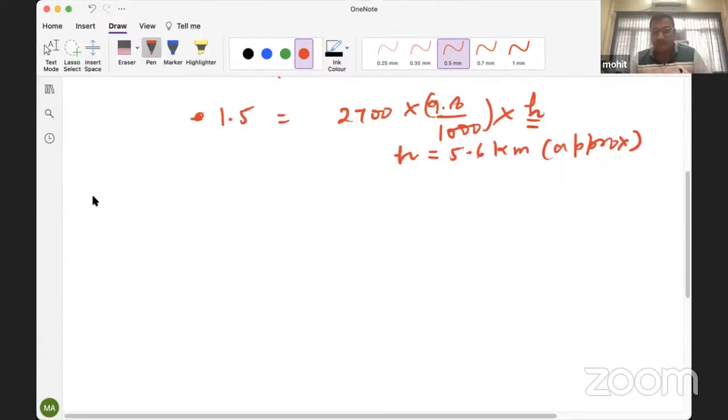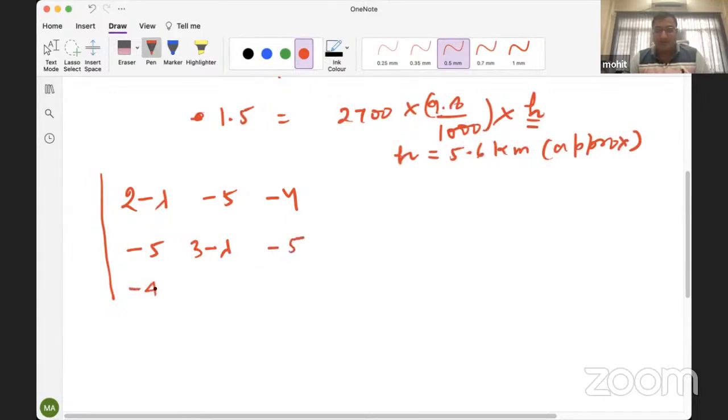You are solving the determinant: 2 minus lambda, minus 5, minus 4; then minus 5, 3 minus lambda, minus 5; minus 4, minus 5, and 2 minus lambda; that is equal to 0.